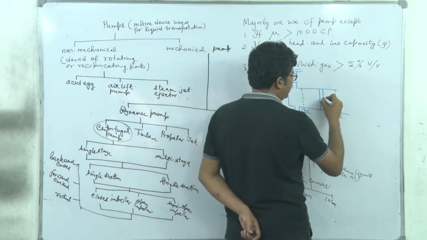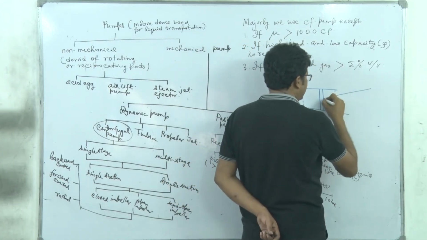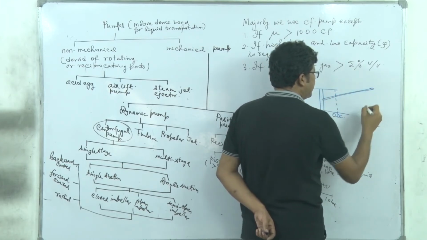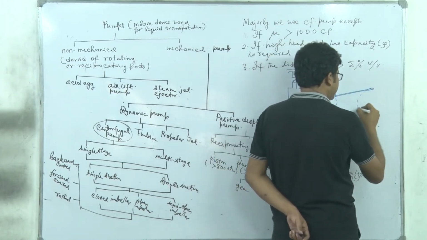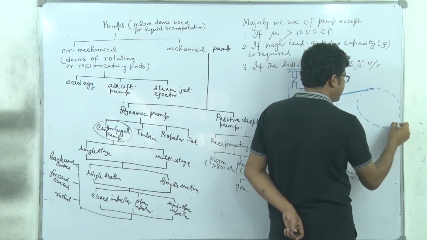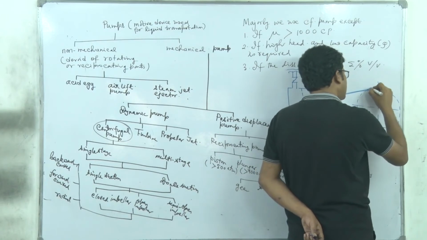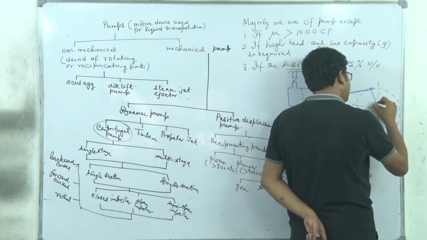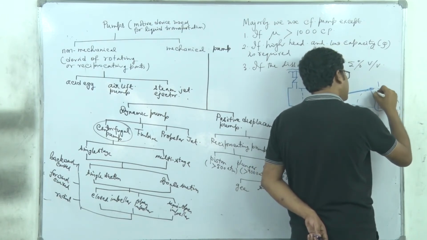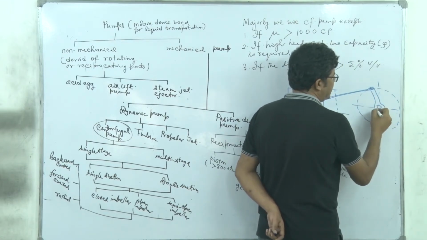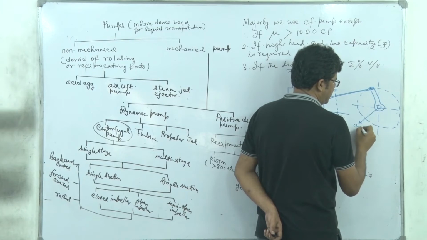Now this piston is connected to a rod, and then we have a mechanical device called crank, and this is called crankshaft.